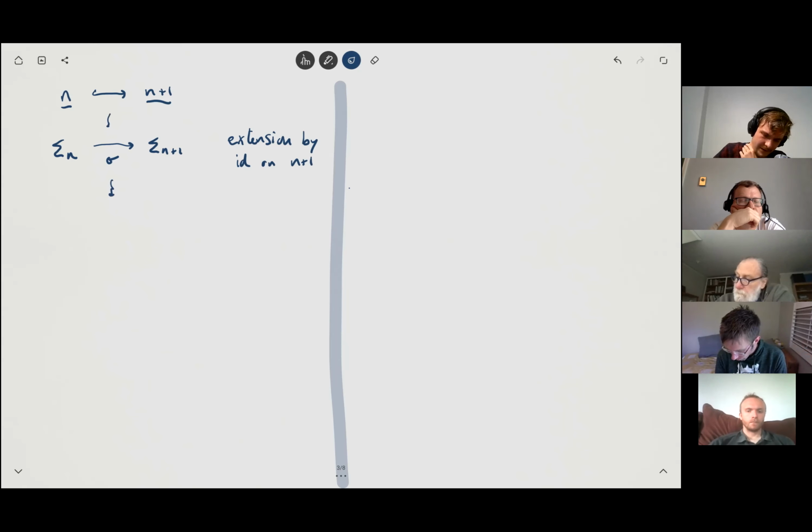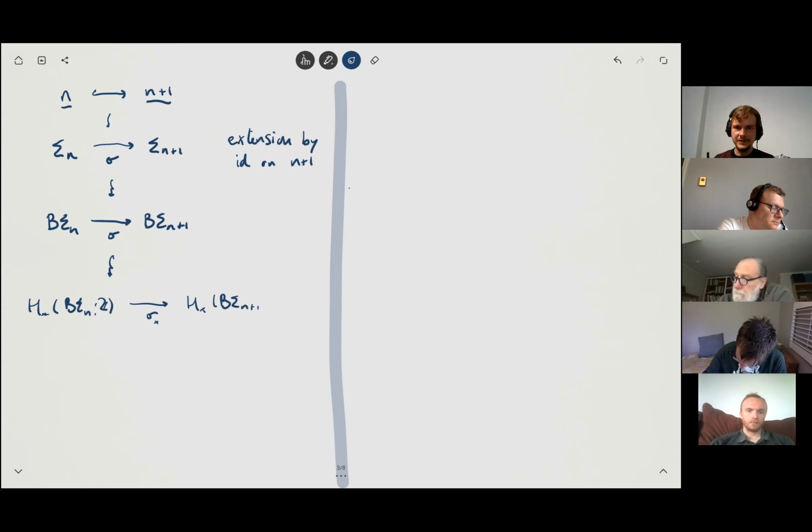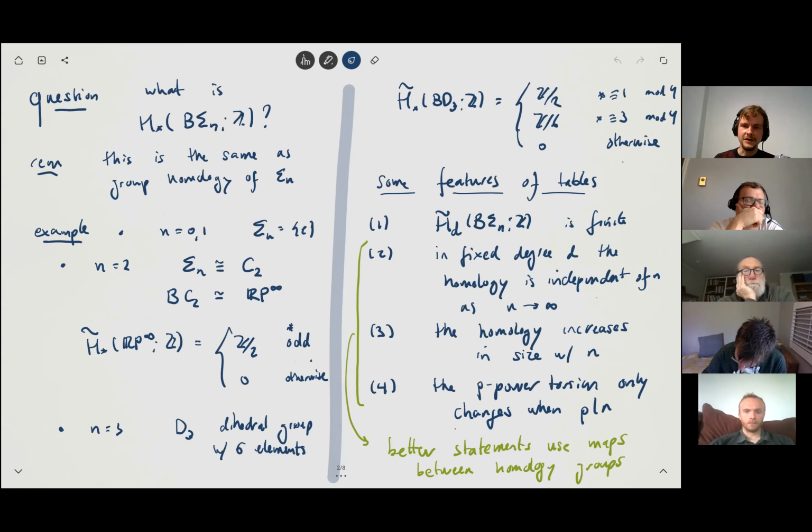So we get an induced map that I'm going to denote by sigma as well on the classifying spaces. And this then induces a map on homology groups. And the better formulations of these last 3 points are going to be in terms of this map.